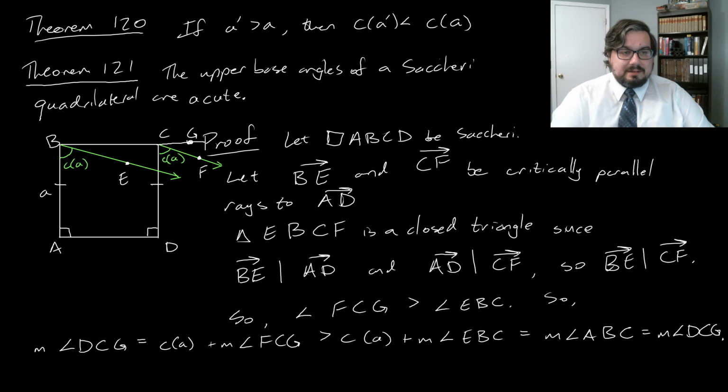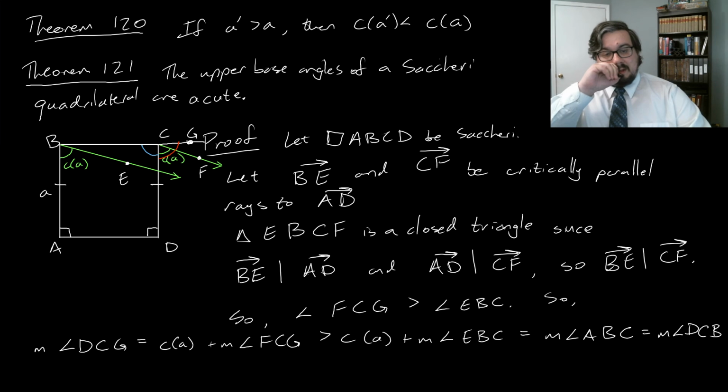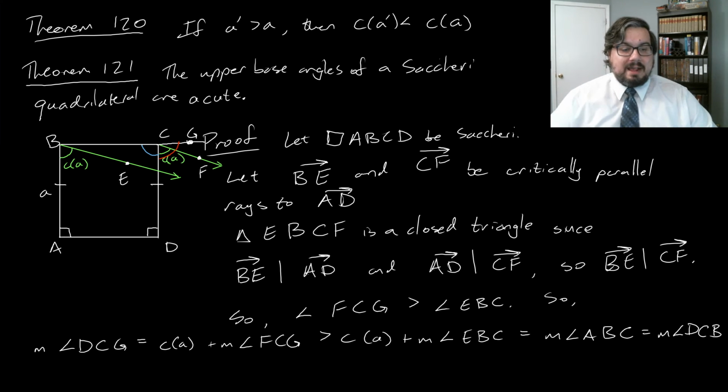Sorry, DCB, other way, to get the upper base angles. So what we've shown is that the red angle here is greater than the blue angle right here. However, they form a linear pair.